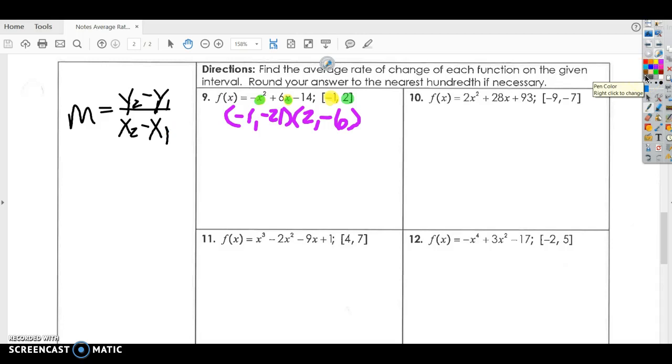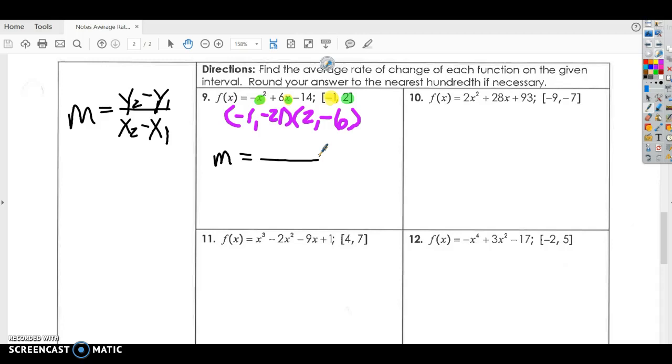So we have x1, y1, x2, y2. Again, the order in which you do your points doesn't matter. You just have to do them in the same order. I usually start with the second point as y2.